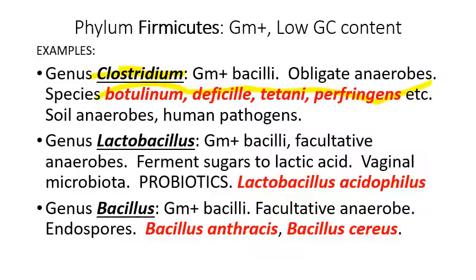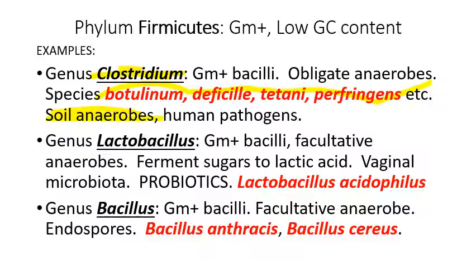They are four species of Clostridia that you need to memorize for this course because they are pathogenic bacteria that cause a lot of human damage. They are all soil anaerobes, so they all like to live in the soil, and they are all damaged to various degrees by oxygen, some more than others, right? So they are anaerobes that live in the soil.